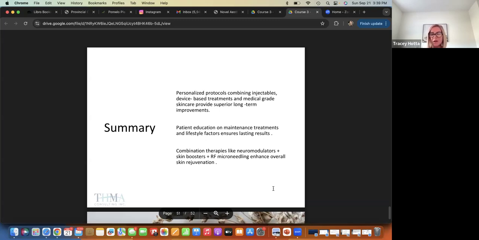So the use of skincare and sunscreen is important. Combination therapies like neuromodulators, skin boosters, RF microneedling, all of these combined enhance overall skin rejuvenation. So don't be afraid to come up with a treatment plan that includes all or some of these skincare quality treatments.